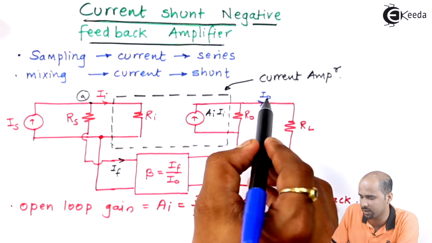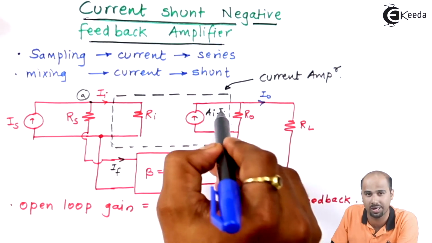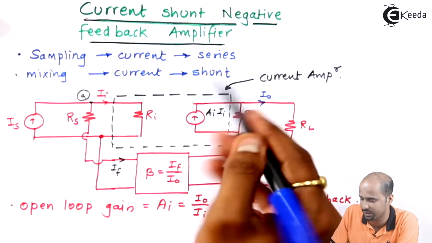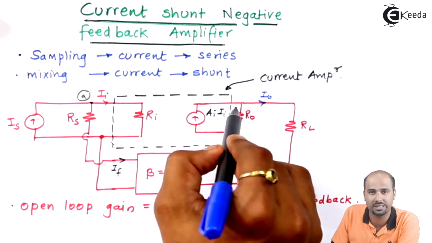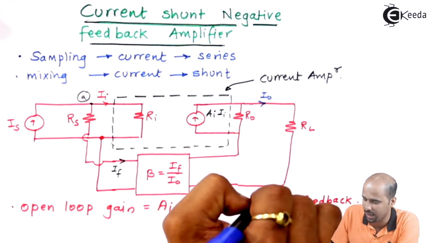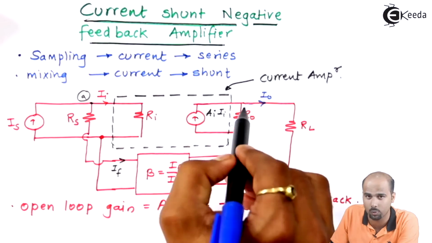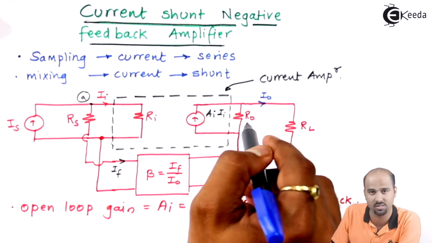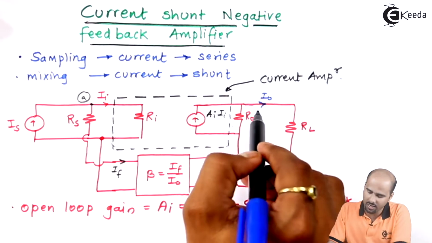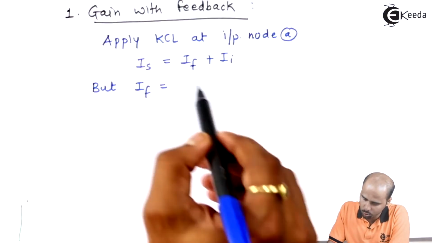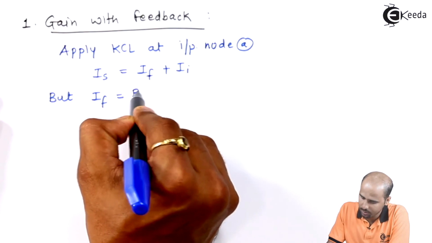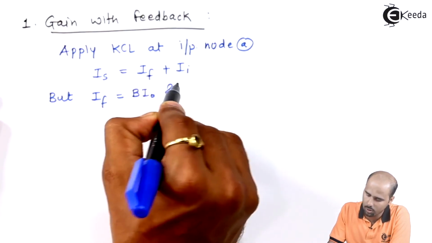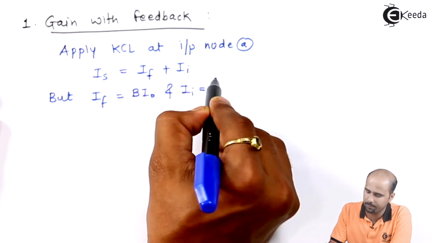So the maximum amount of current, or rather all the current, will move through the RL branch, and RO will have nearly no current. High resistance, less current. So IF is equal to B into IO, and II is equal to IO divided by AI, right?